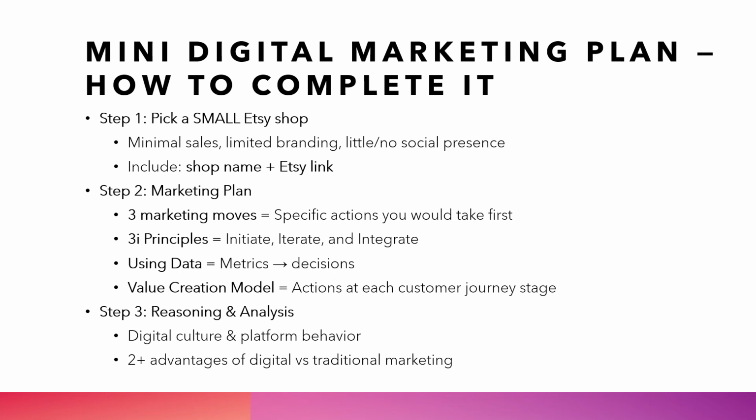Okay, now step three is the reasoning and analysis. So, digital culture and platform behavior. People don't just behave online the way that they do offline. So your strategy needs to reflect that.